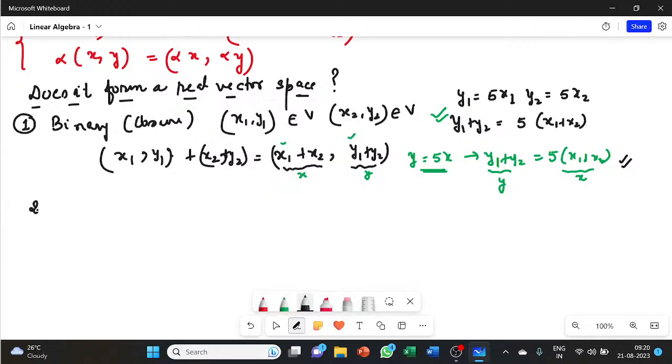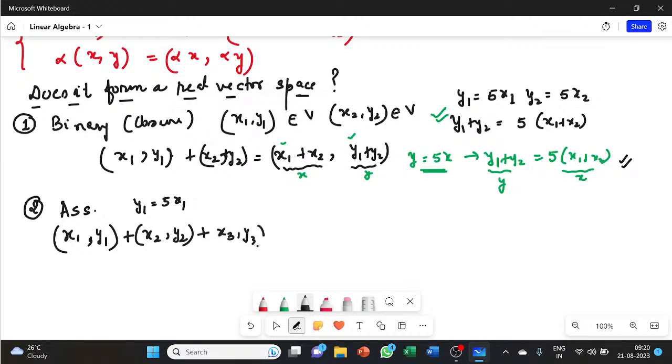The second thing that you should think of is associativity. So let us say (x1, y1), where y1 is equal to 5 times x1, plus (x2, y2) plus (x3, y3). Whether I do this or whether I do this, I'm going to get the same result.